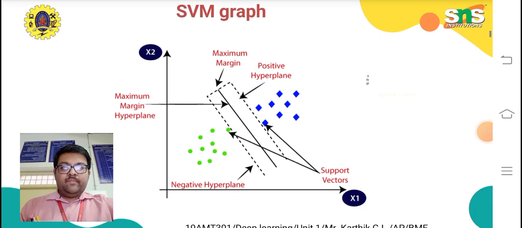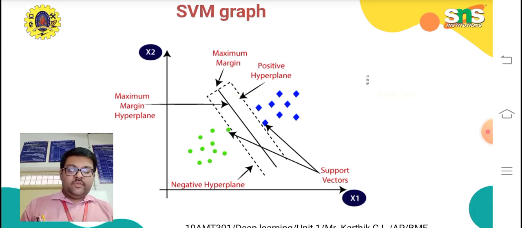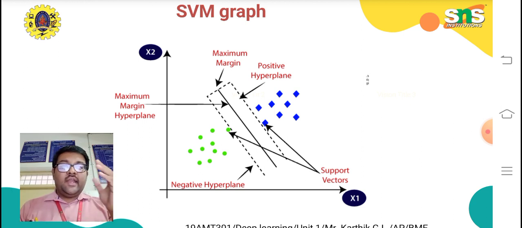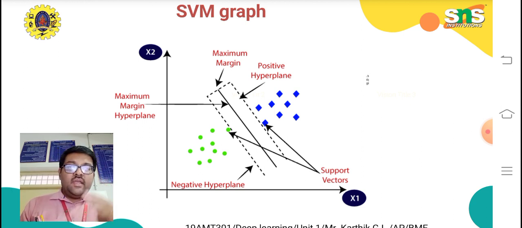So this is the graph of SVM, support vector machine. It somewhat looks like a regression graph, right? It has x1, it has x2, but what is different here is that it has a positive hyperplane, as you can see, and a negative hyperplane, and there is a maximum margin hyperplane between the positive and negative hyperplane.